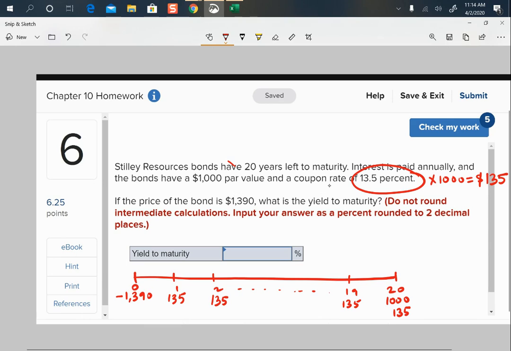Then your 20 years, your total number of periods will be 2 periods per year times 20, which would be 40. But in this example, it's on a yearly basis, so we don't have to make any modifications or adjustments as far as n is concerned and as far as the payments are concerned.